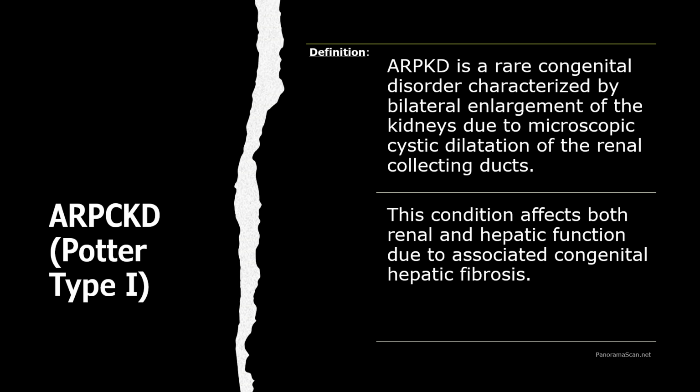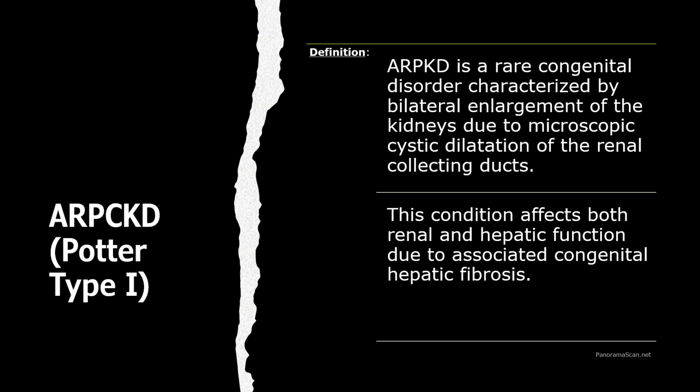Additionally, it can also affect the liver, leading to congenital hepatic fibrosis. This condition causes a scarring of the liver tissues, which can impair liver function over time. The involvement of both the kidneys and the liver makes ARPKD a particularly complex condition to manage, as both organs are essential for normal fetal development and function.